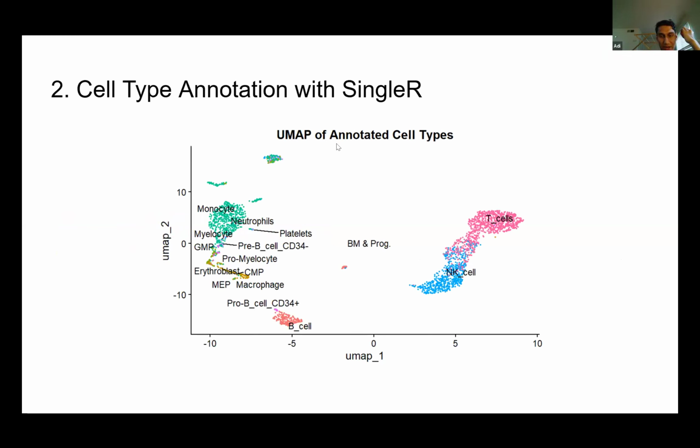You have around 16 types, labeled by their location, and they seem to capture a lot of the independent clustering. For example, the B cells have a region that is independent and separated from other regions, and it's captured pretty well by this annotation.